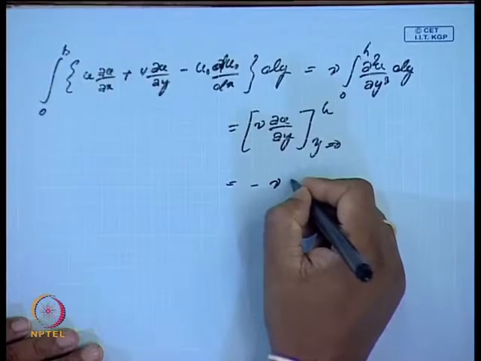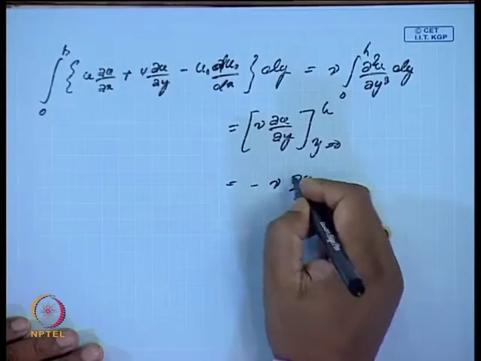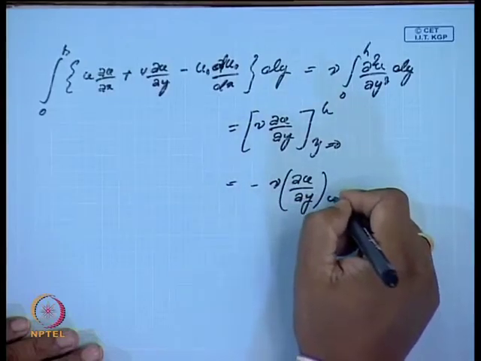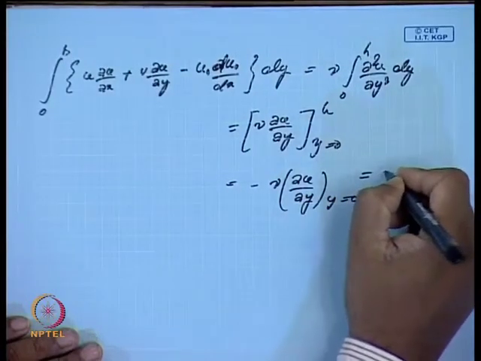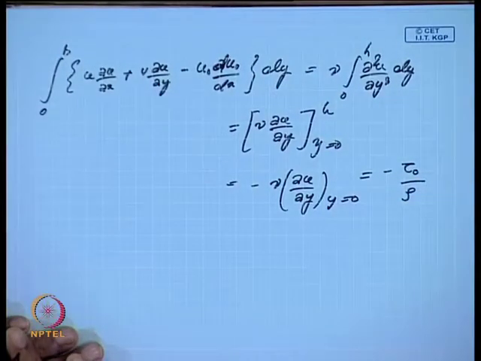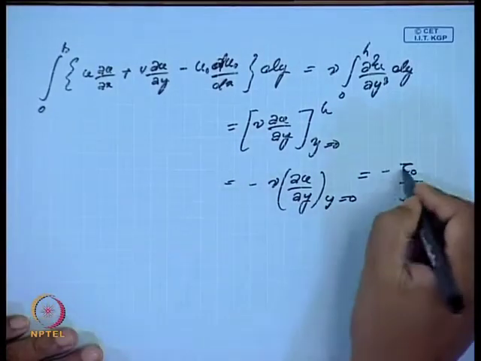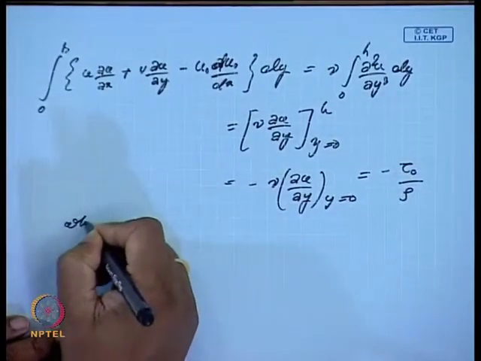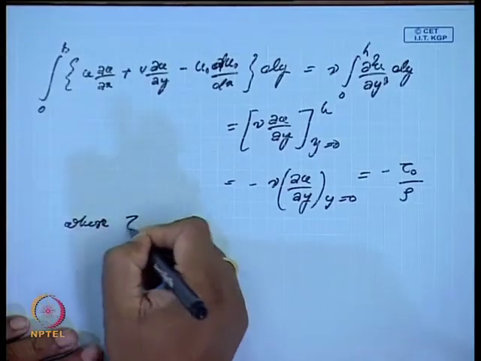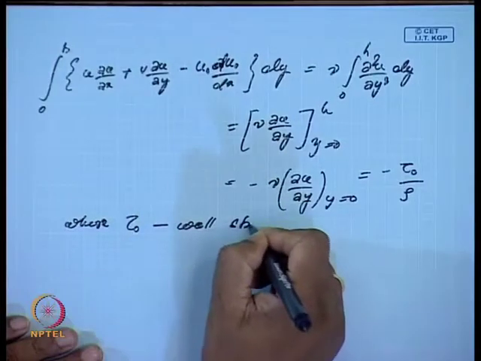So, it will give you minus nu del u by del y at y is equal to 0, and that is nothing but minus tau naught by rho. This is called the local shear stress or wall shear stress, where tau naught is the local shear stress.